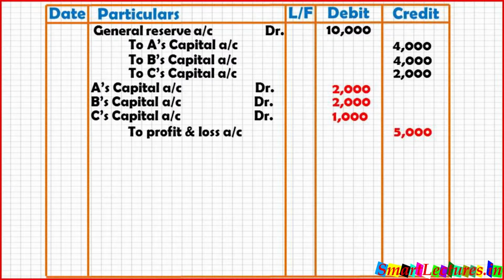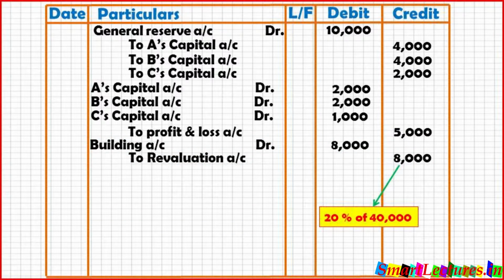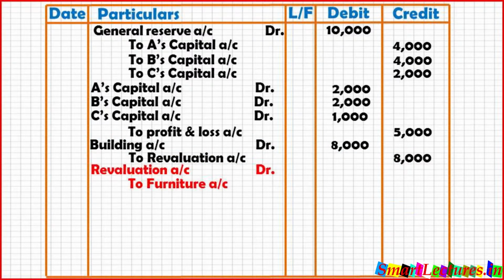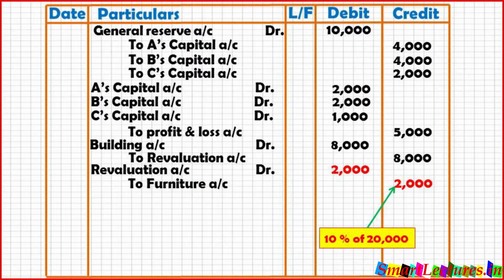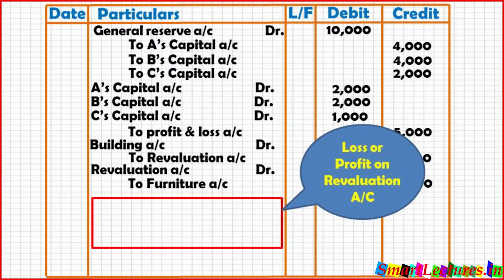Then the journal entries of revaluation, building to revaluation, 8,000, that is 20% of 40,000. Then revaluation to furniture, 10% of 20,000, that is 2,000, and leave the space for one journal entry for the loss or profit on revaluation account.